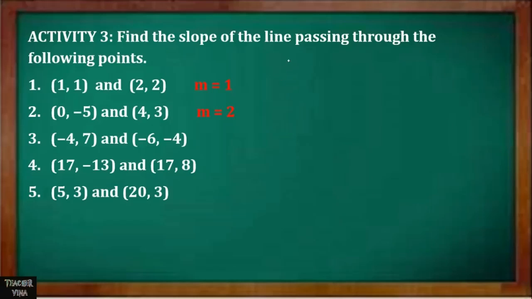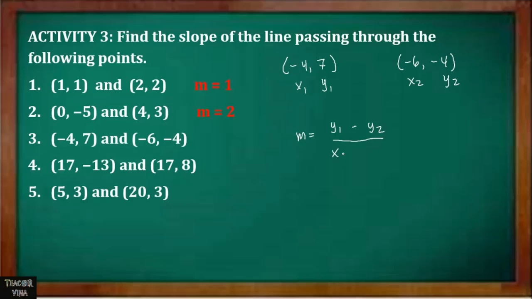Next, number 3. Negative 4, 7, and negative 6, negative 4. X sub 1, y sub 1, x sub 2, y sub 2. So, formula, I'll use the y sub 1 minus y sub 2 over x sub 1 minus x sub 2.